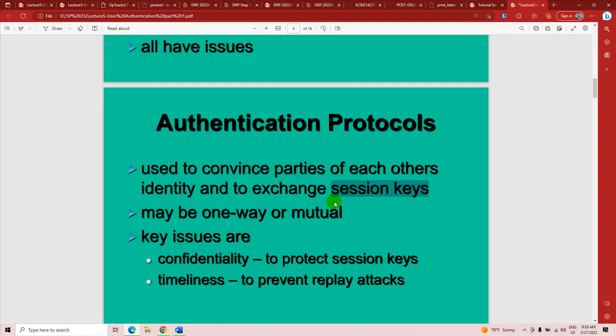So there are some issues in the authentication protocols. One is called confidentiality, another one is called timeliness. So what is confidentiality? The session key which is used has to be protected. There should be confidentiality of the session keys.